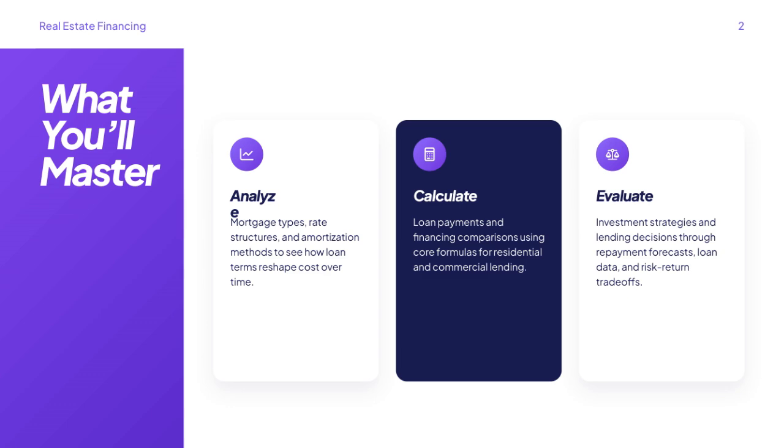Next, you'll be able to calculate loan payments and compare financing options using essential formulas applicable to both residential and commercial lending. Finally, we'll focus on evaluating investment strategies and lending decisions by interpreting repayment forecasts and loan data, while considering the balance between risks and returns. These core skills will give you a comprehensive toolkit for making informed financing decisions in real estate.